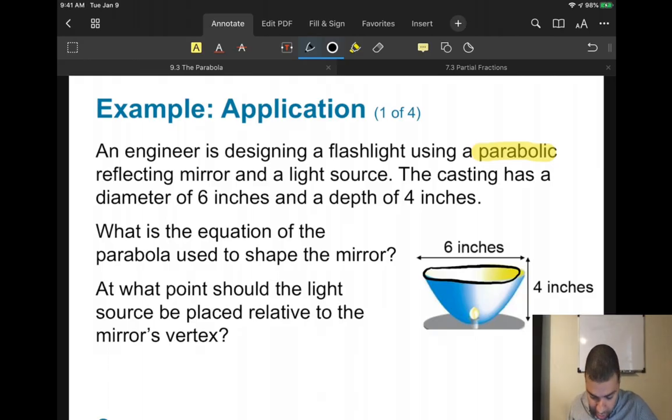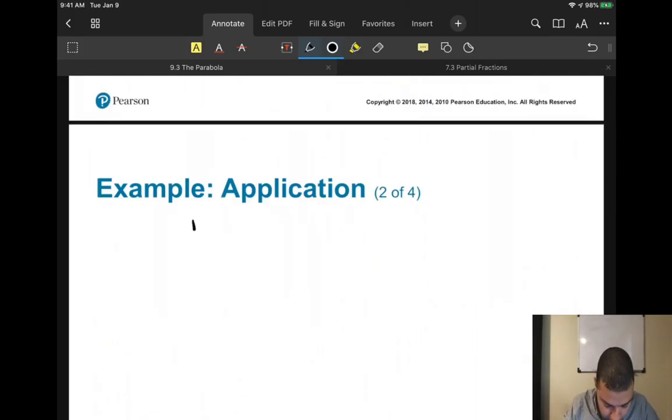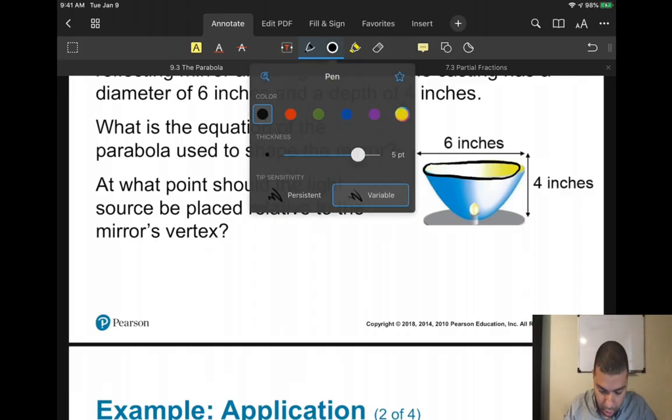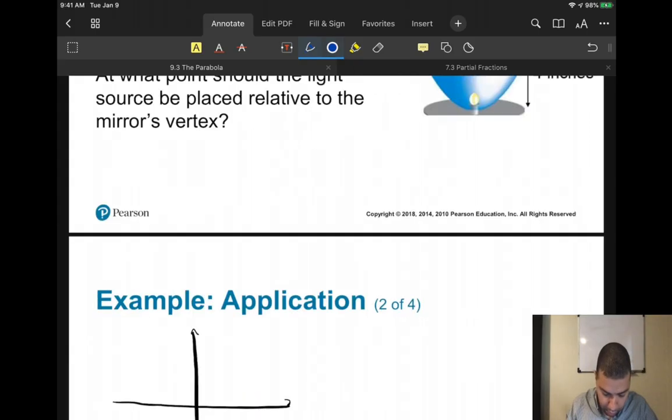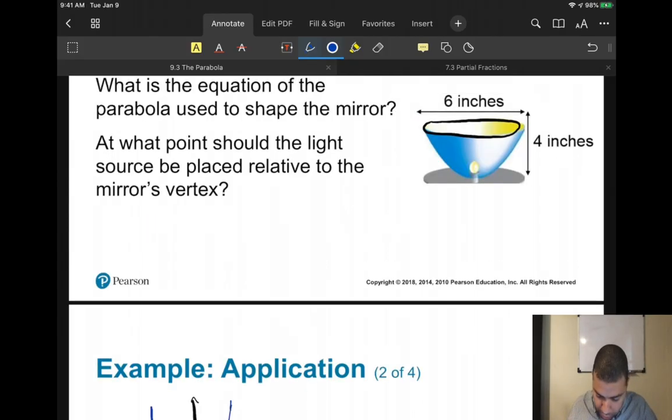Okay, so let's see that. Let's first find the equation of the parabola used to shape the mirror. So let's graph it. Let's first place our parabola in a coordinate system. Always, when the vertex is at the origin, it's easier. So place the vertex at the origin. So I have 6 inches, 4 inches.